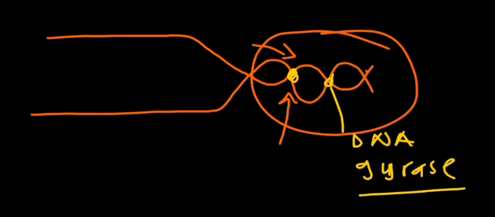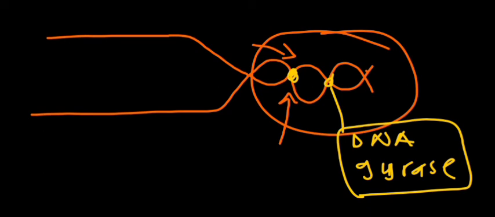DNA gyrase is one type of topoisomerase enzyme. It minimizes the torsion force created in the DNA strand as it is replicating.